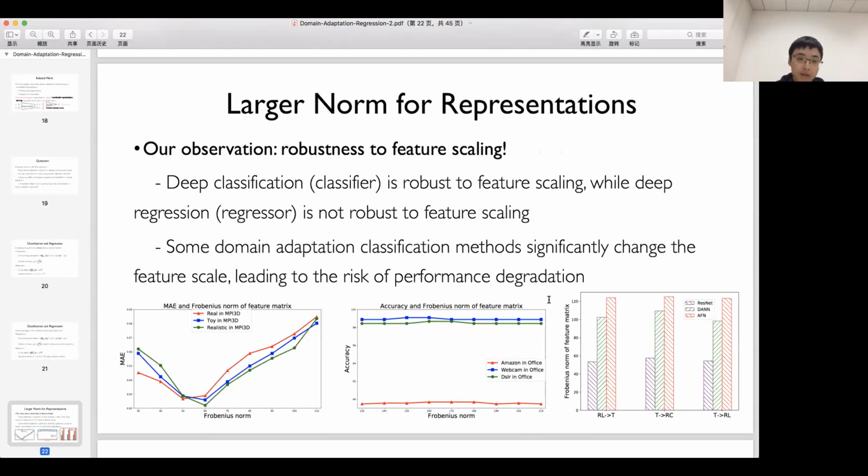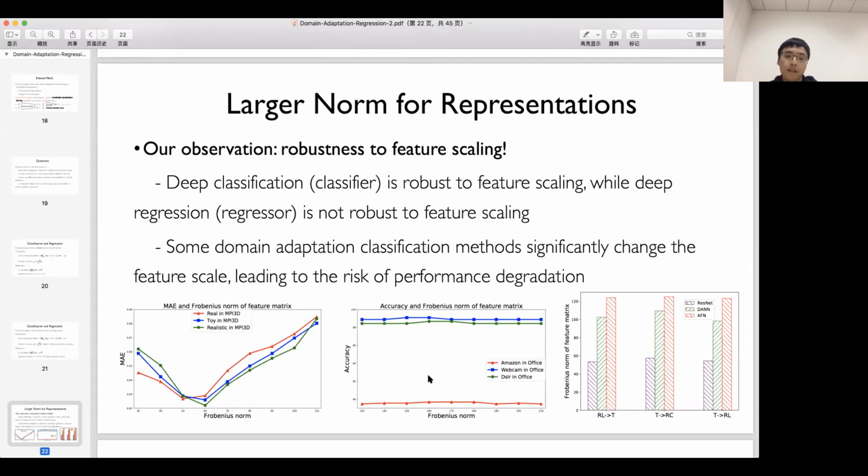In the first figure, we conduct experiments on a regression dataset. If we control the Frobenius norm of the feature matrix, we find that when we change the Frobenius norm, the performance of the regression changes. We use mean absolute error as our regression performance.